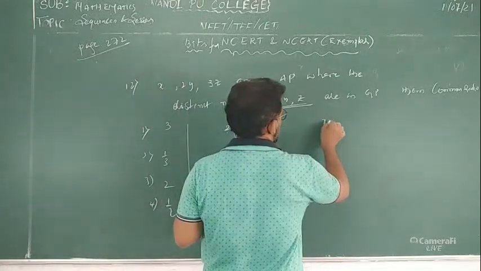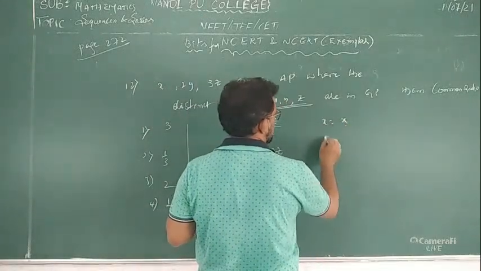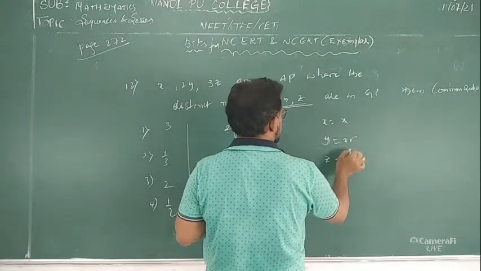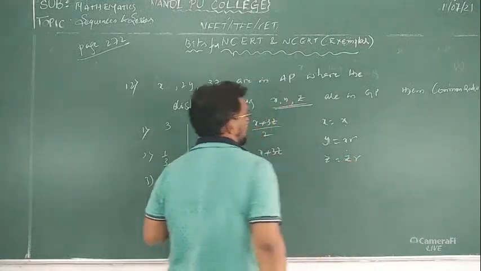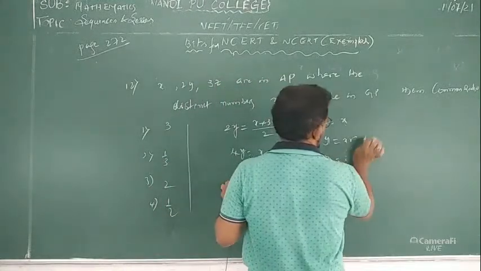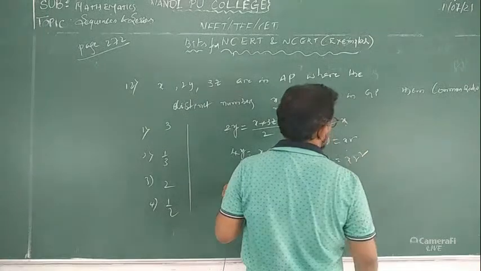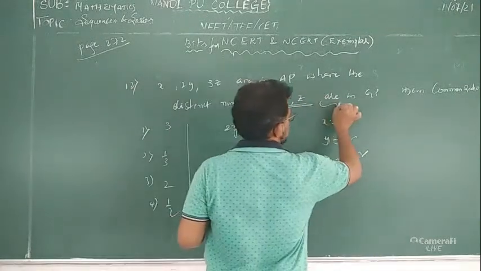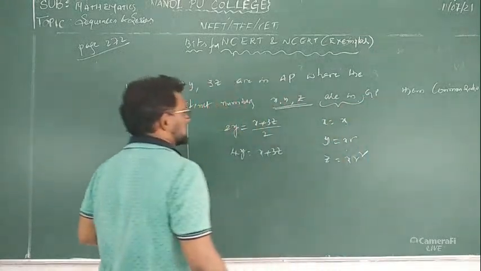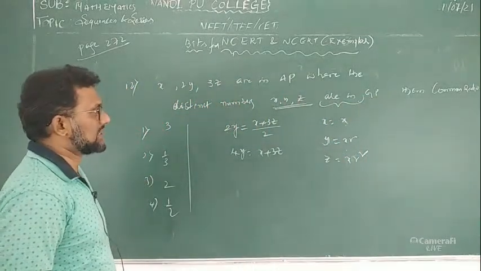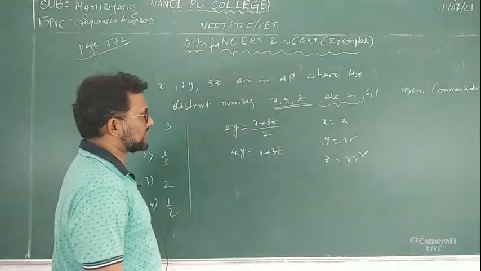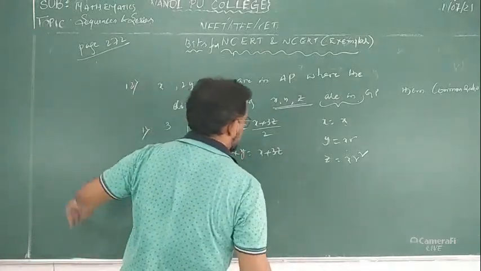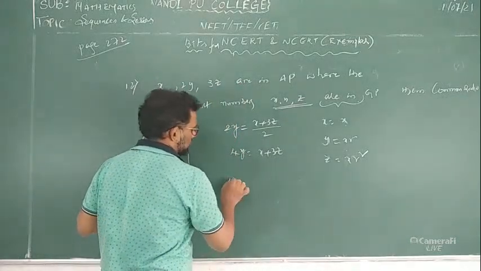Since x comma y comma z are in GP, x is equal to x, y is equal to xr, z is equal to xr square.